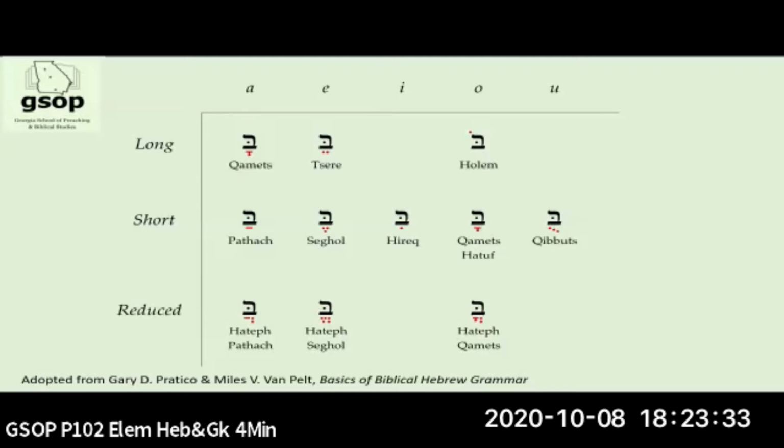So a kamech may reduce to a patach, or to a hatef patach. In other words, instead of having the long ba sound, it might go to a shorter ba sound. It's a little nuance there, and you've got to really listen for it. But ultimately, it's reducing because it wants the accent at the end of the word. That's why they're changeable. There is a very simple, straightforward structure to it, but again, that's part of the Hebrew class. I just want you to recognize that those are changeable, okay?